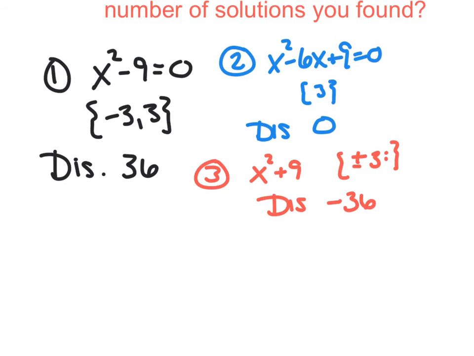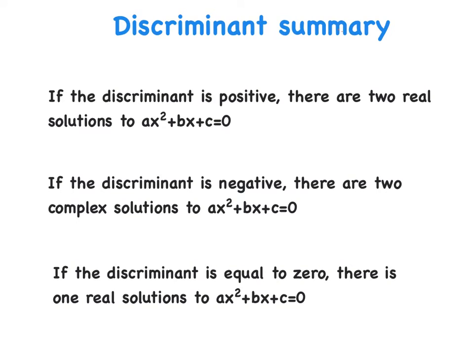We're going to tie this all together in just a moment, but those are what you want to be looking for. So go ahead and title this the discriminant summary, and we're going to list each of these out. These are the 3 options you need to understand. If the discriminant is positive, there are 2 real solutions to ax squared plus bx plus c equals 0. Number 2, let's make sure we're underlining the key words here.